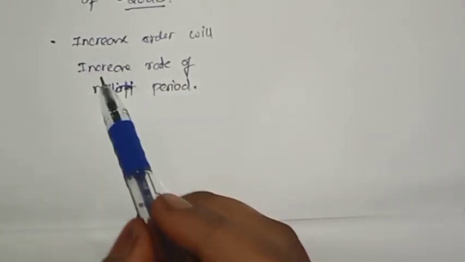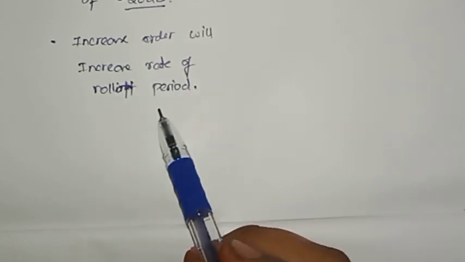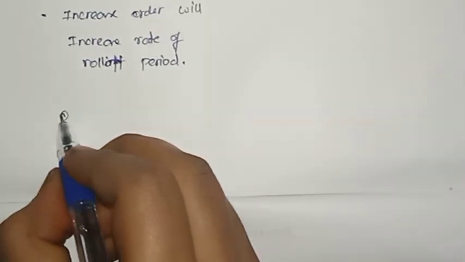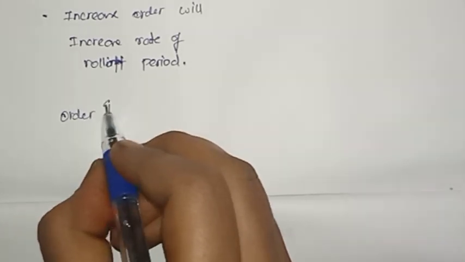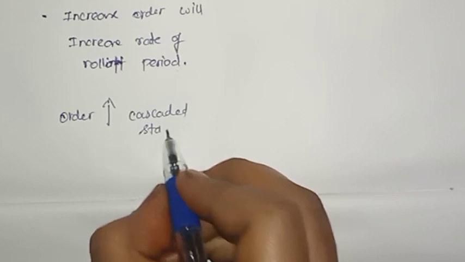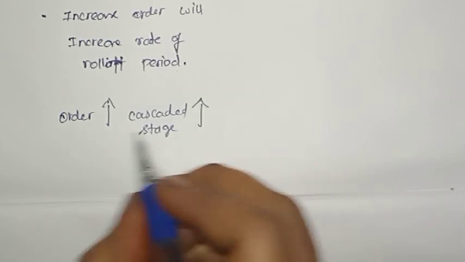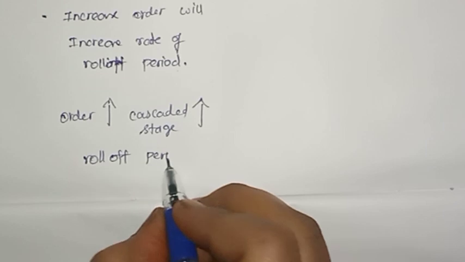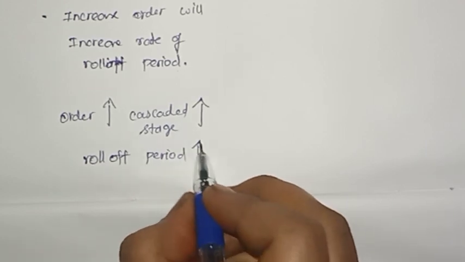Increasing the order will increase the rate of roll-off. In simple way, by increasing the order, the cascaded stages increase, and it also increases the roll-off. Simply remember this, it will help.